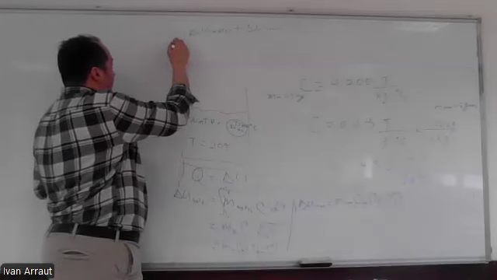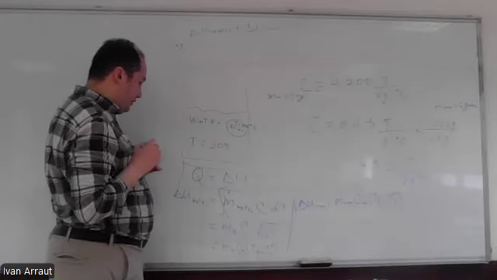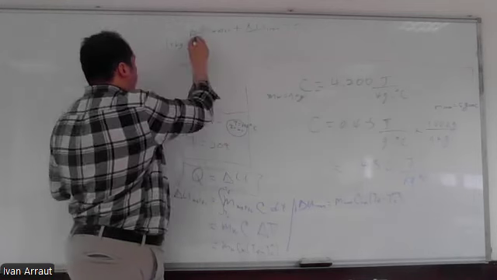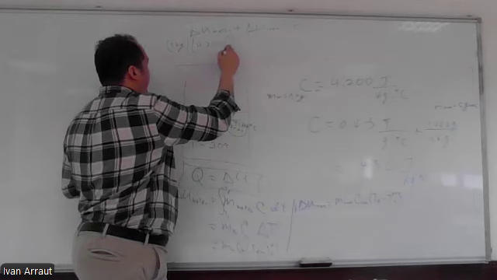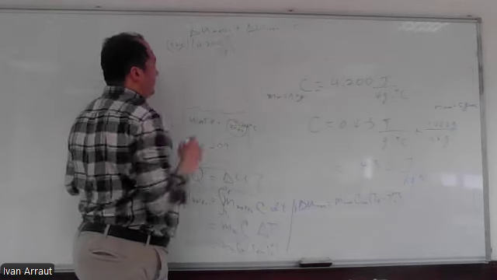It will be 1 kilogram for the water, multiplied by its heat capacity, 4,200 joules per kilogram degree Celsius.